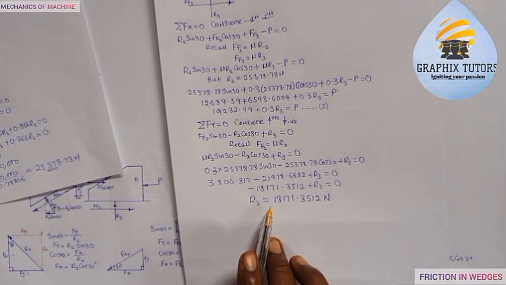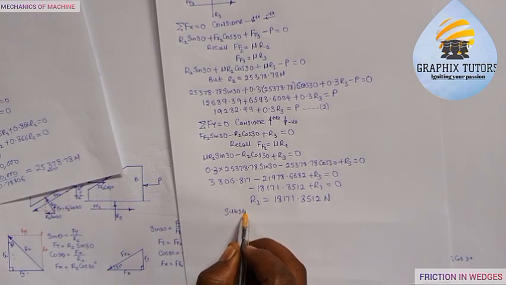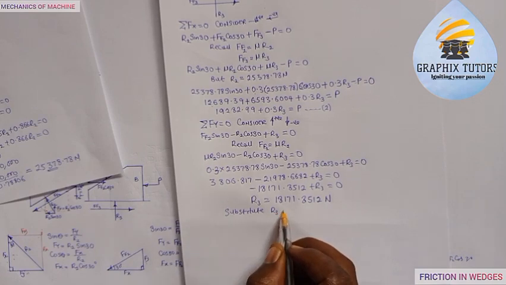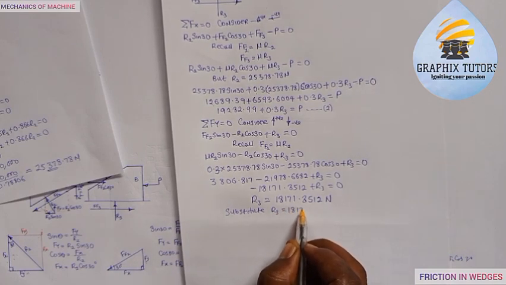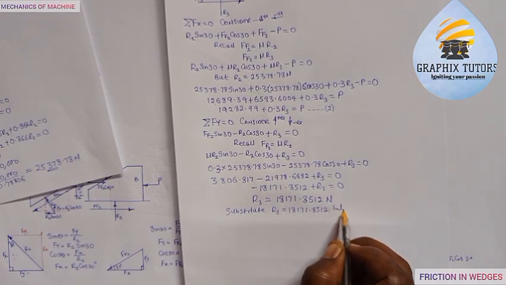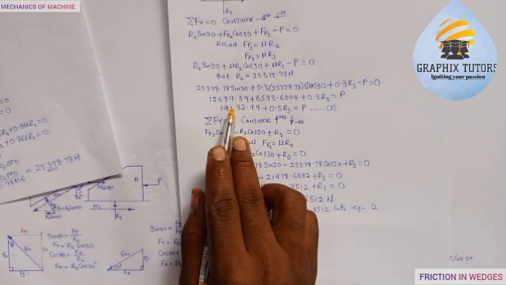Now, I will substitute R3 equals to 18171.8512 into equation 2. And this is my equation 2 here.